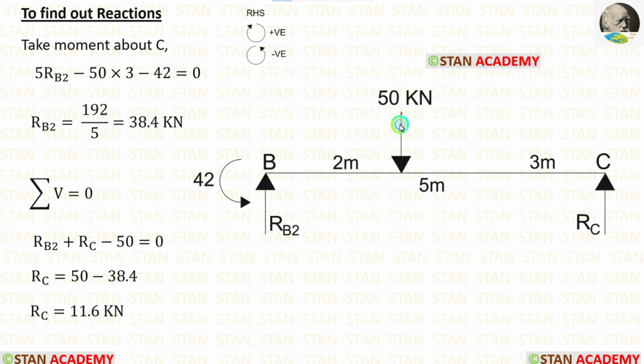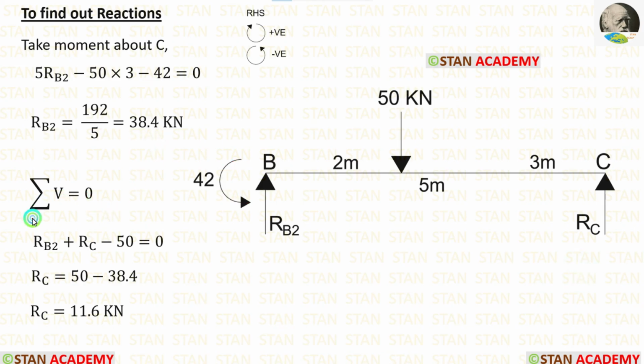The point load 50 kN is acting towards the point C in the anticlockwise direction, so it will be negative and the distance is 3. Then we have one moment 42 which is acting in the anticlockwise direction, so it will be negative. After calculations we are getting RB2 which is equal to 38.4 kN.